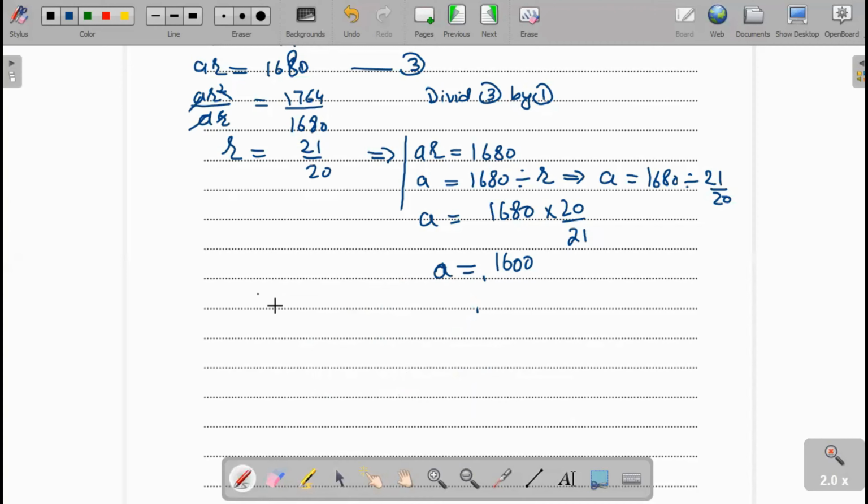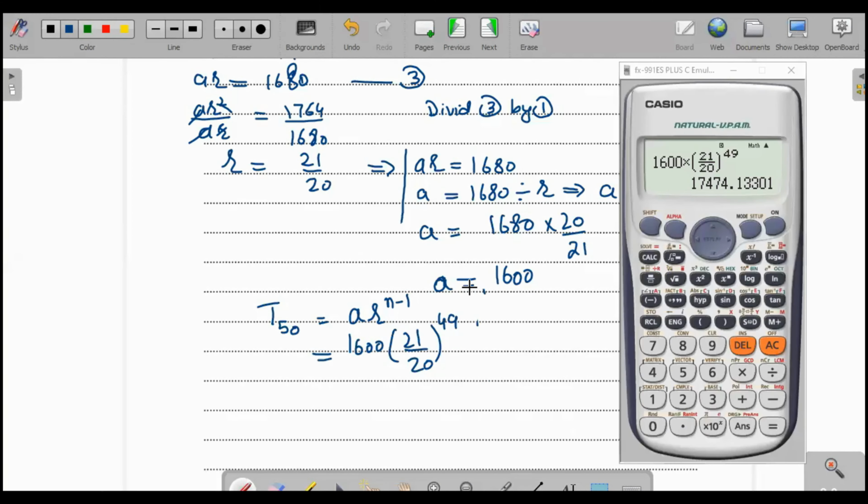Now the 50th term, T₅₀, is given by the formula ar^(n−1), which is the nth term formula for a geometric progression. Now a is 1600, r is 21/20, and n − 1 is 50 − 1 = 49. Now we calculate it.